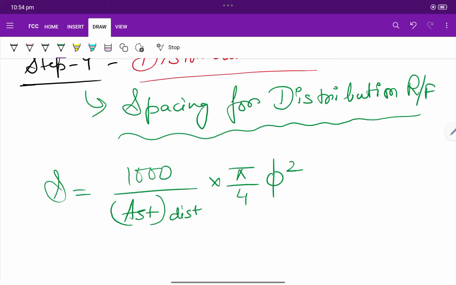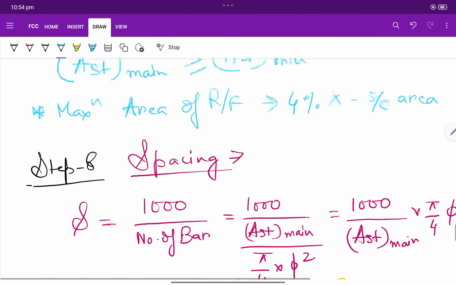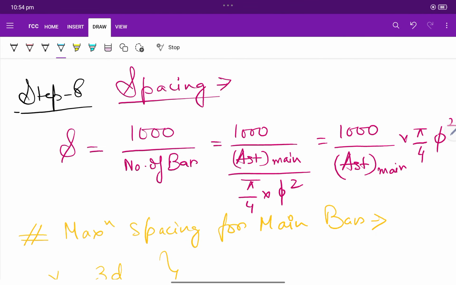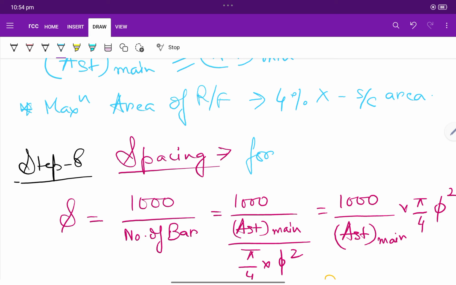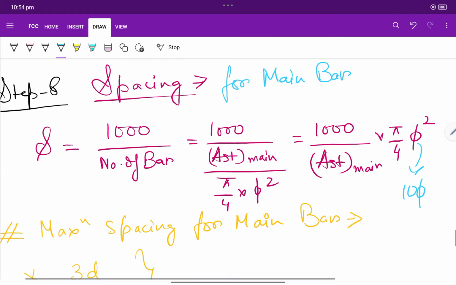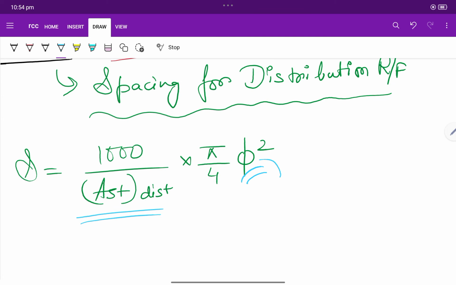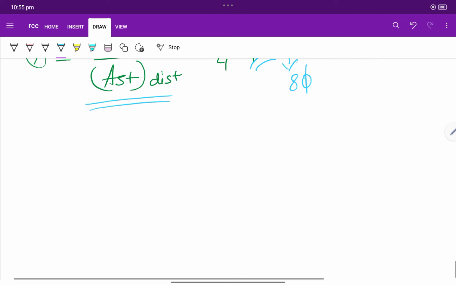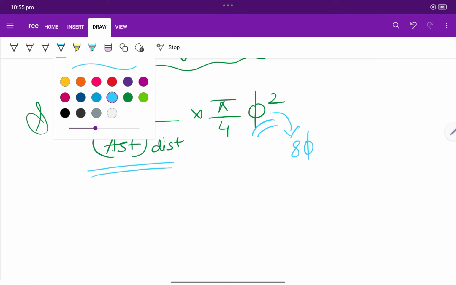If someone asks how the spacing will change if the AST is the same: mainly the dia of the bar we will take as different. For the main bar, if the dia we have taken is 10 mm, and for the distribution bar the dia is 8 mm, then the spacing will change. This is the main difference in finding it out.